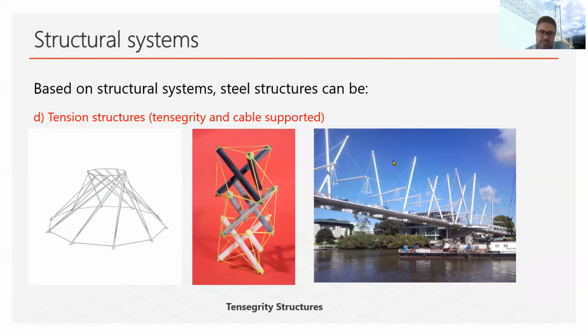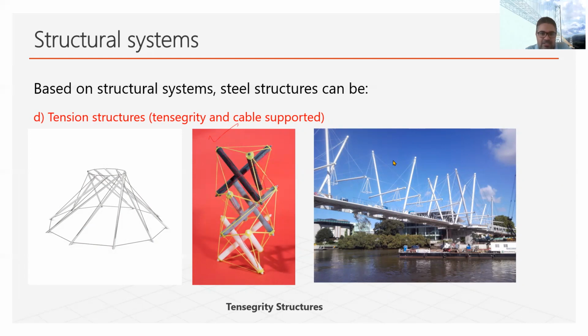They are called floating compression structures because, if I show you this model, these are basically the struts. You can see the black, gray or white bars. They are the struts carrying the compression force, but along with them they are stitched with a cable, or here a yellow string, which is carrying the tensile force.